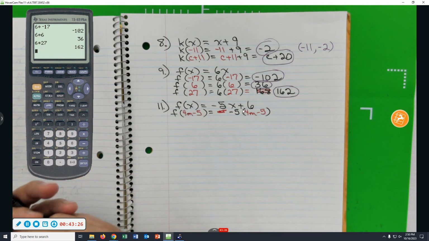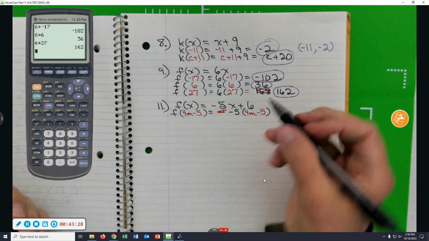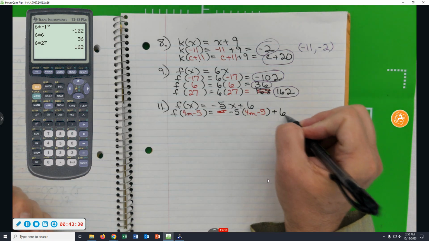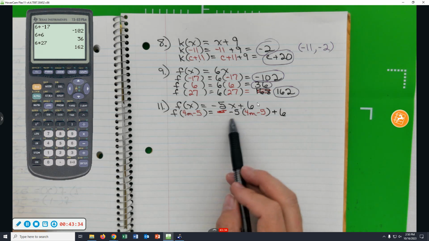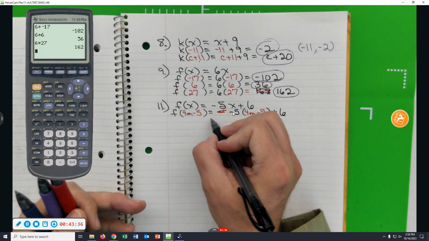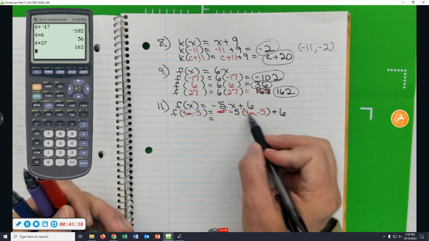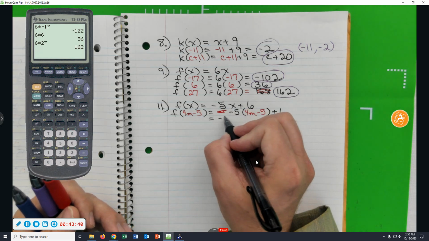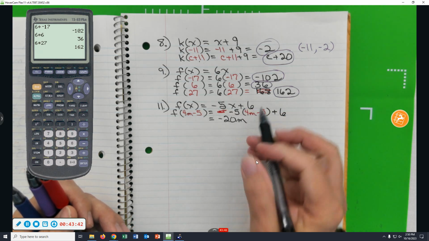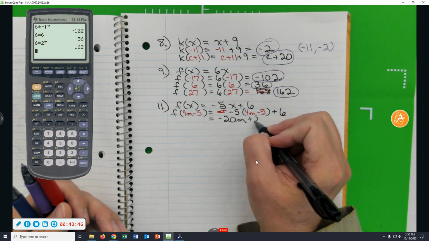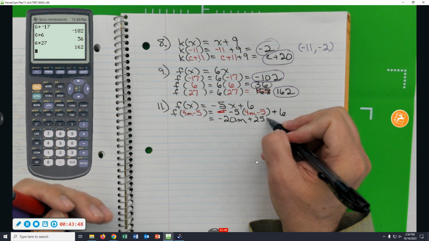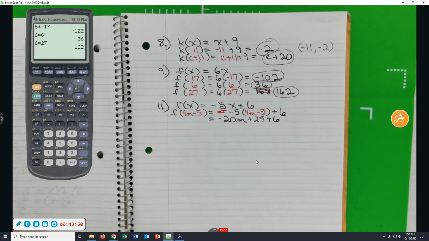And what else do I have stuck on there? A plus 6. What are we going to have to do to perform this multiplication here? Starts with a D. Distribute to give me, here, negative 20m. Okay, negative 5 times negative 5. That gives me that plus 25. And I still have a plus 6.